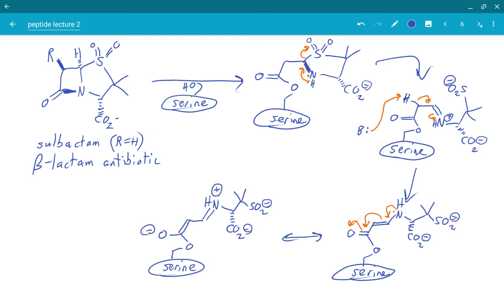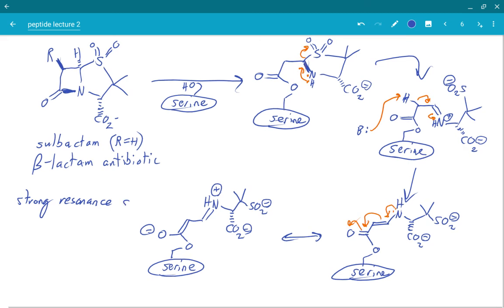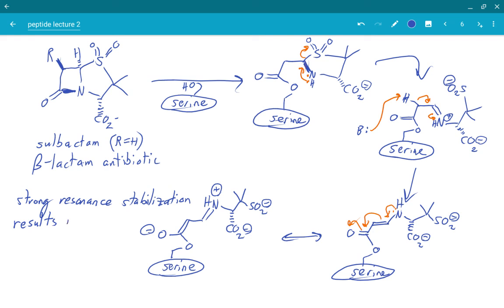Right? And so the strong resonance, just like many other examples we've seen in this course, makes this a much less electrophilic carbonyl.